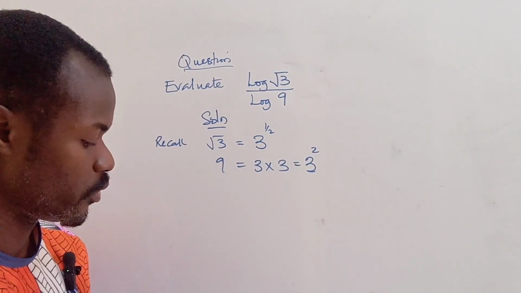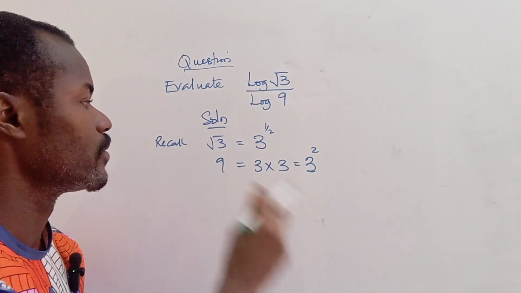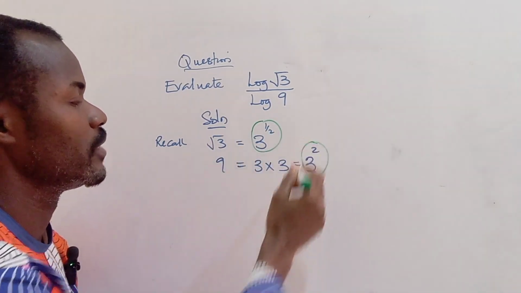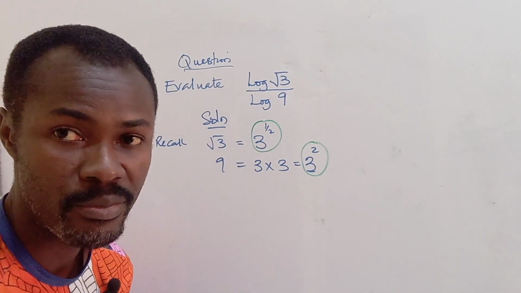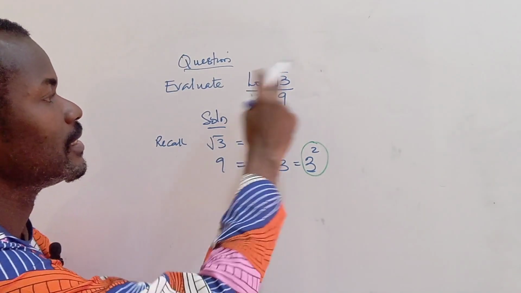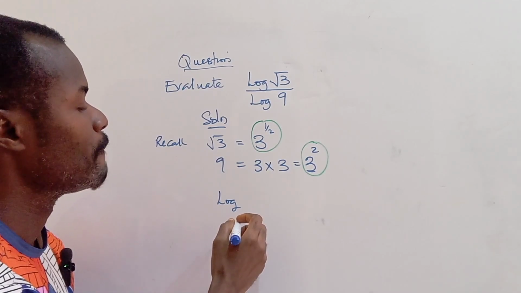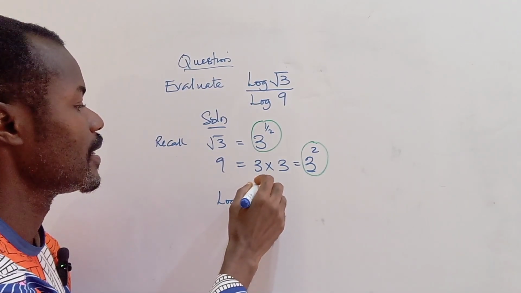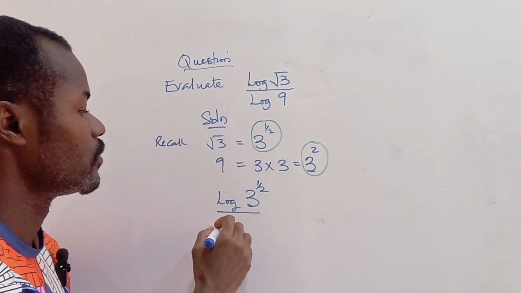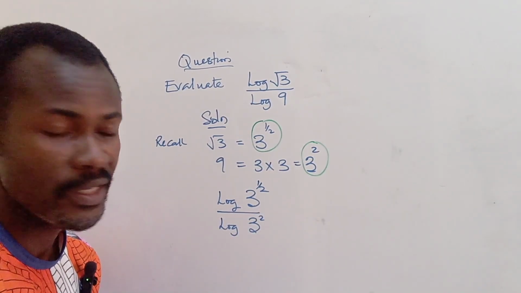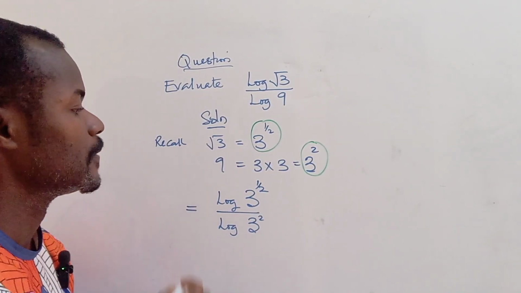So we can put these in place of root 3 and 9. Let's quickly replace them. So we have this expression as log 3 raised to the power half divided by log 3 squared.